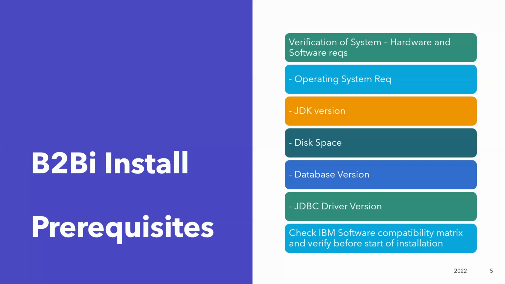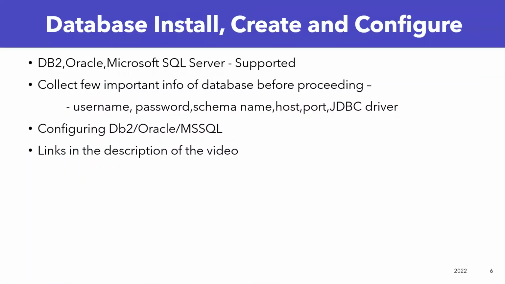Moving on, as I mentioned, there are three key database products that are supported: DB2, Oracle, and Microsoft SQL Server. A Sterling administrator, or a person who is involved in Sterling Integrator installation, has to work very closely with the database administrator and also the infrastructure admin who is responsible, if it is a Unix box or a Windows box.